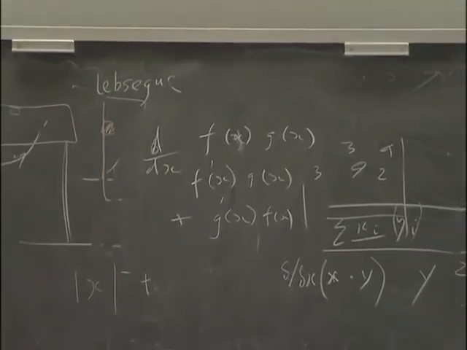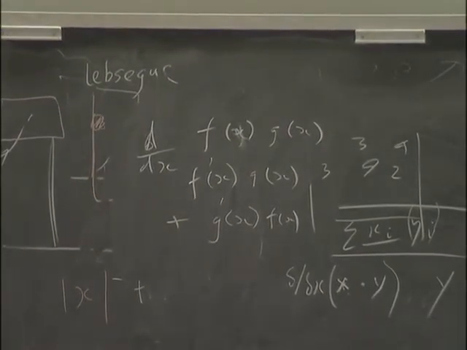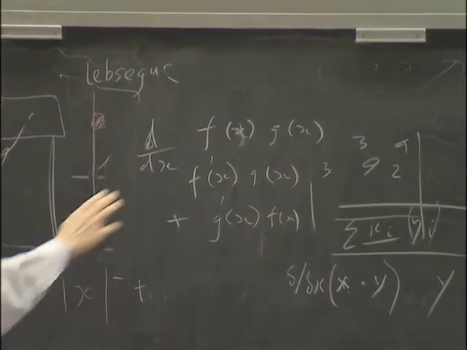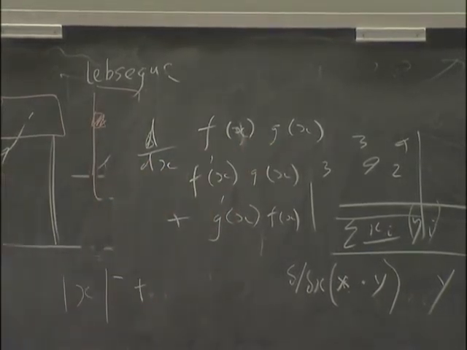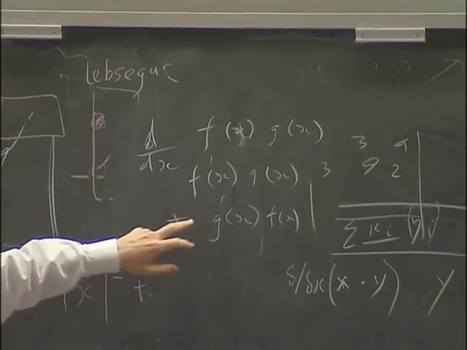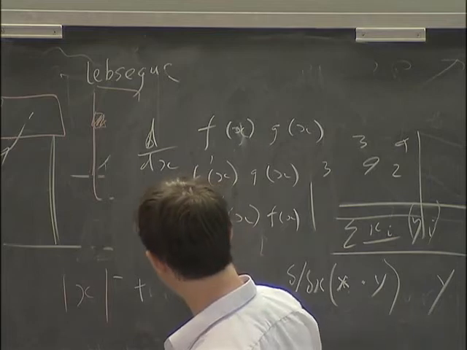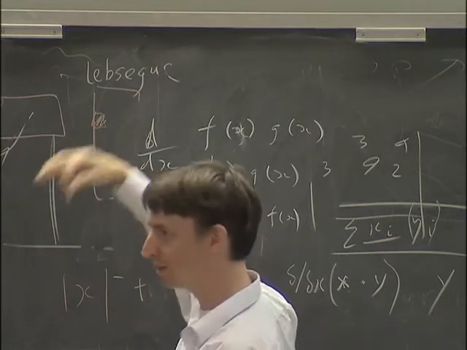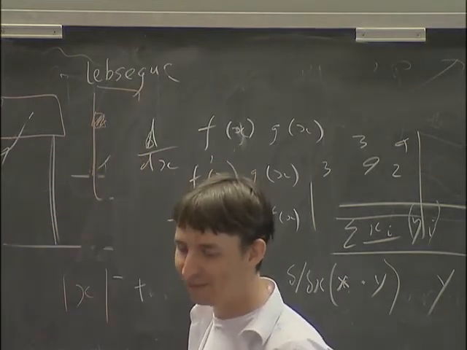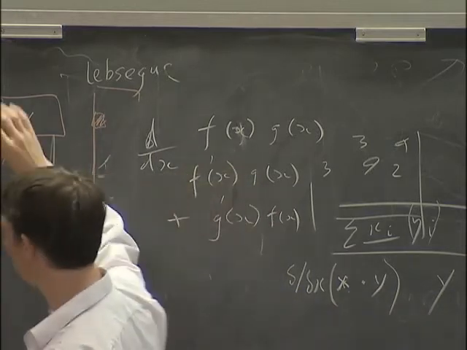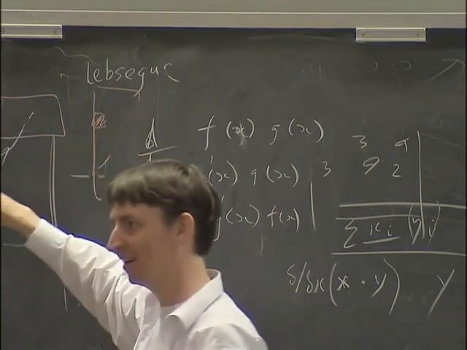But the problem is that in the matrix case, think about if f of x and g of x are matrix valued functions. Basically, you have to compute the derivative of a matrix valued function with respect to a matrix valued function. And this is a quantity that has some enormous dimension, because you have to think about the gradient of each element in one matrix with respect to each element in the other.